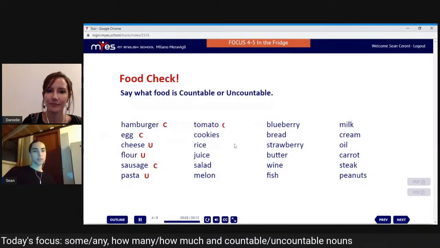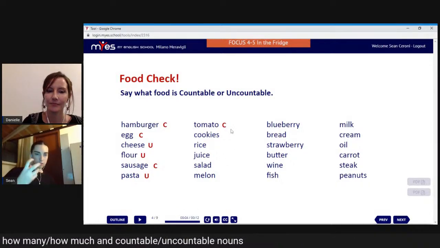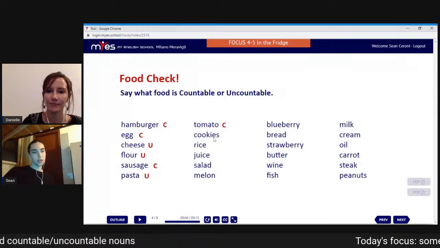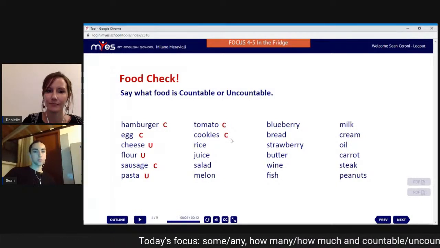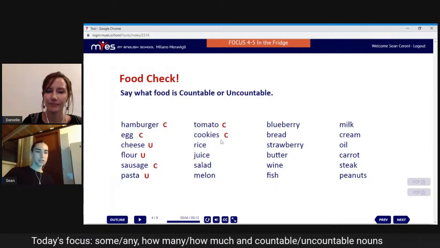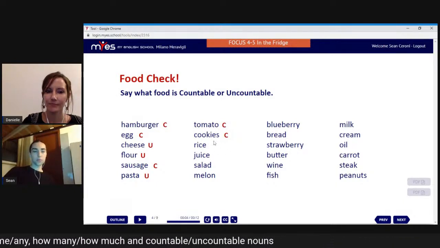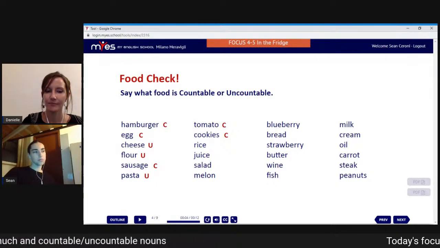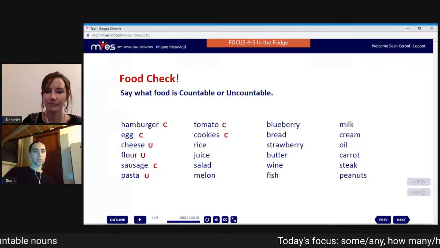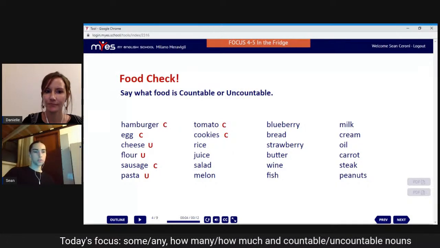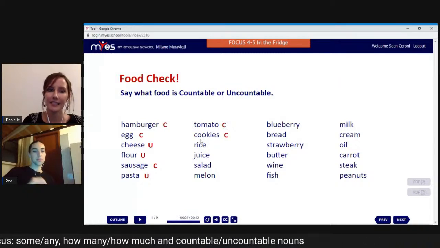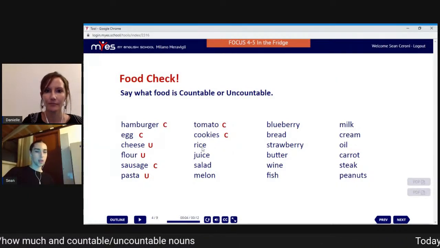Tomato, tomatoes, countable. It's a single vegetable. Cookies or biscuits, countable. You have one cookie, two cookies. I'm not sure why when you're talking about biscuits in general, you would always speak in the plural. I think it's because you always have more than one, usually. So you would always talk about biscuits or cookies.